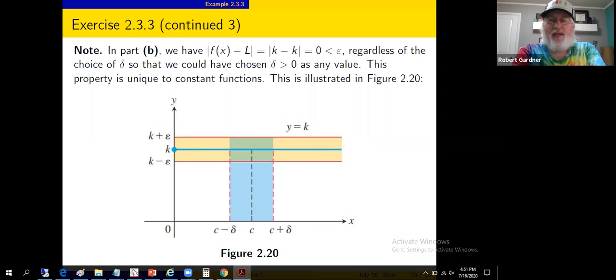We chose delta equal to epsilon. We could have chosen delta to equal 7. We could have chosen delta to equal 700. And this horizontal line would still lie inside that yellow band. And we'd still have the correct picture. We've got the graph intersecting whatever little green box you draw on the sides and not on the top. Although the corner would be allowable, it never intersects the top or the bottom. It's a constant function.